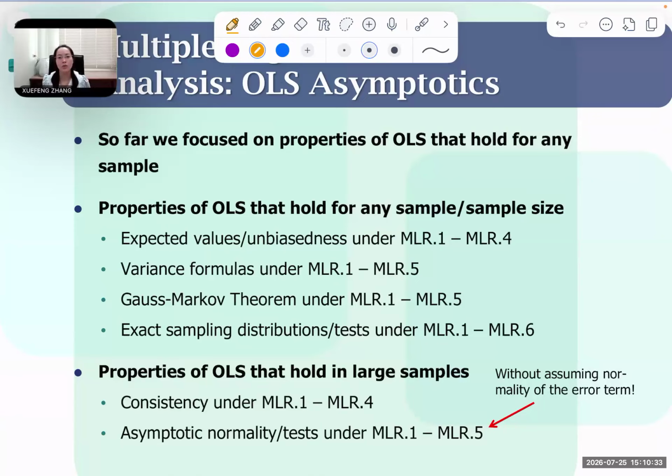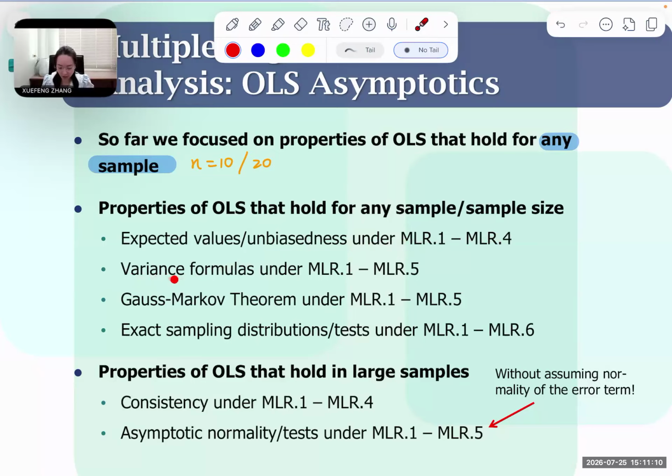Let's organize what we know and what's new. So far, everything we've done falls under properties that hold for any sample size, like n equals 10 or n equals 20. Unbiasedness, the first one, under MLR 1 through 4.